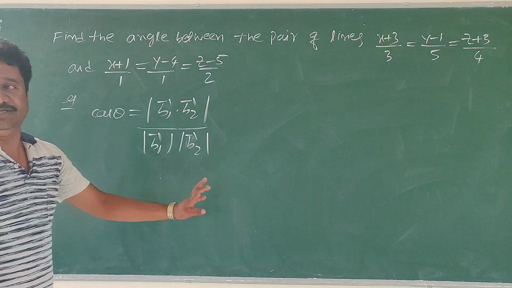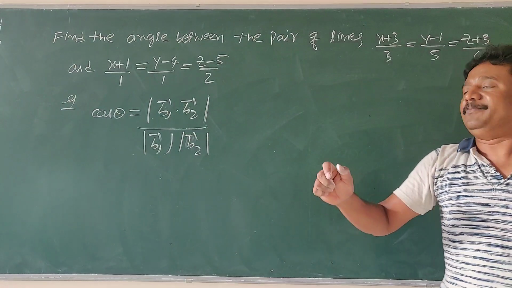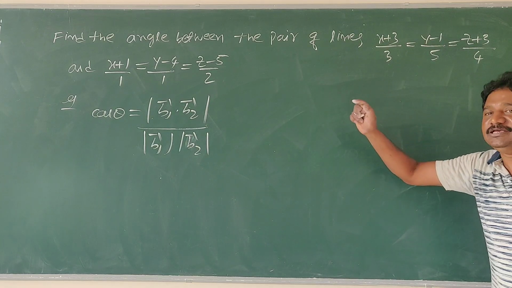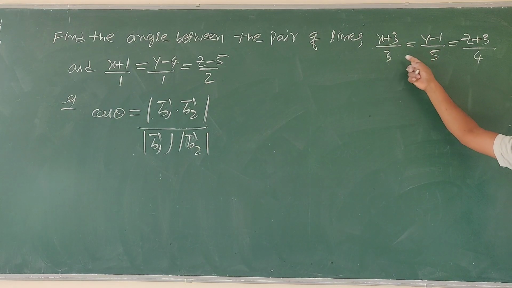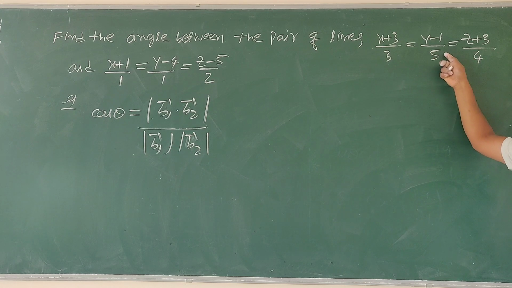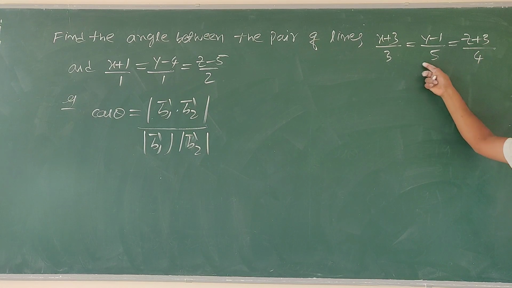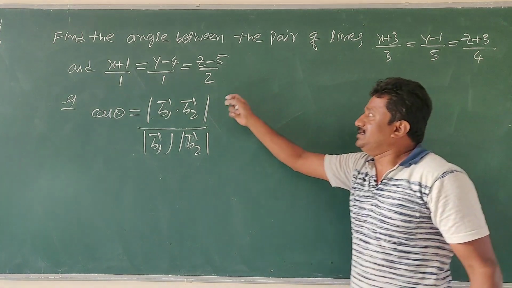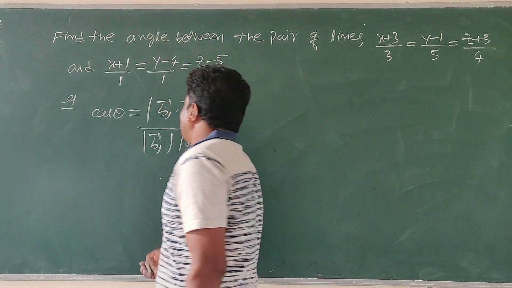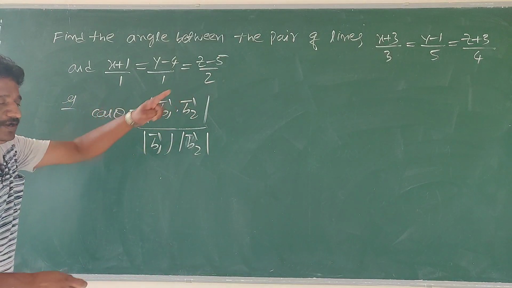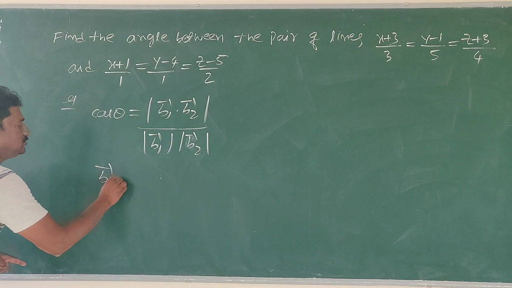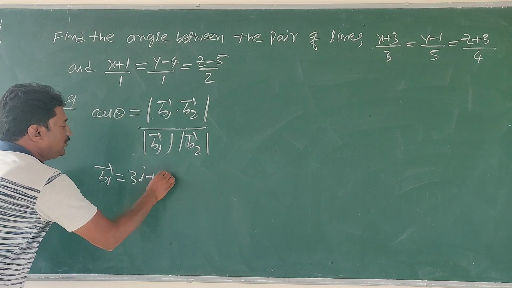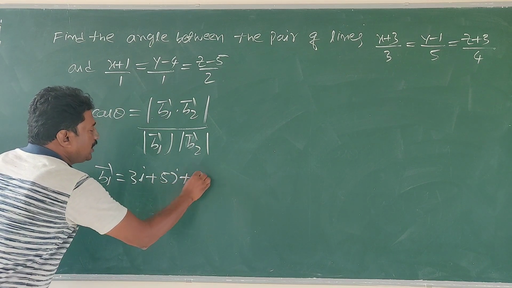Tell me b1, students. You collect b1 from the first line, b2 from the second line. Where is vector b available? In the denominators: a, b, c, that is ai plus bj plus ck. Tell me vector b1 then. 3i plus 5j plus 4k.